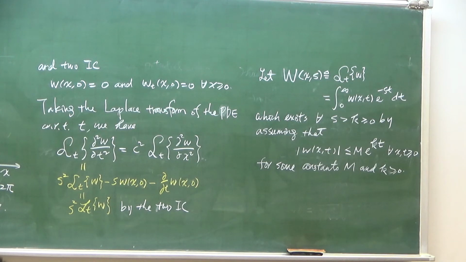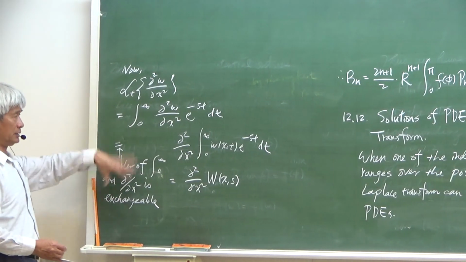So the right-hand side becomes the second partial derivative of the transformed function, capital W. We assume the order of integration and second partial differentiation is exchangeable, so we change that.